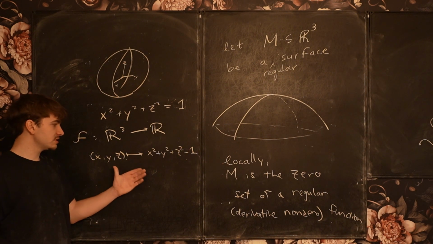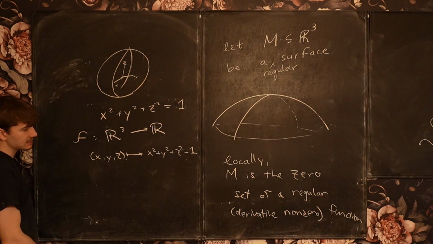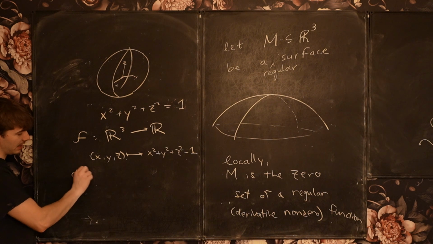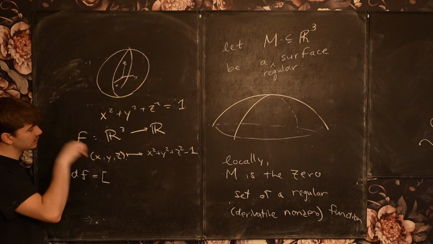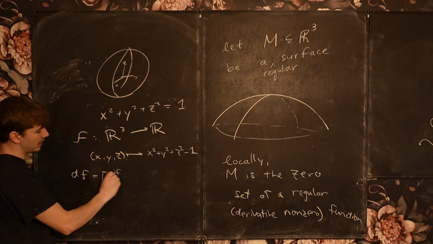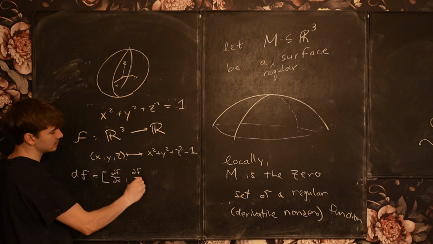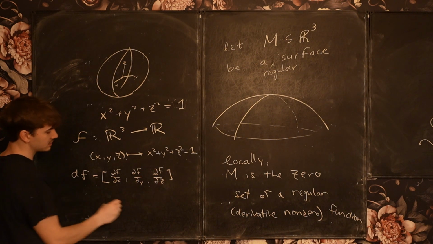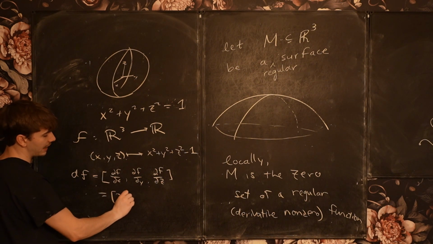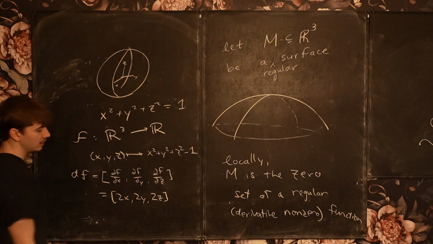And then this is a function from R3 into R, and the idea is that if I look at its derivative, df, essentially the gradient of the function in this case, it's just going to be 2x, 2y, and 2z, okay?